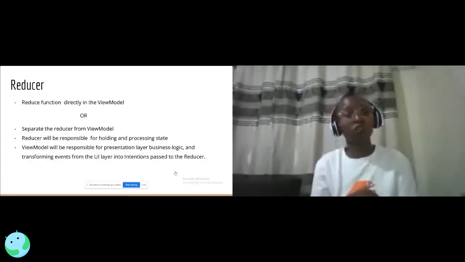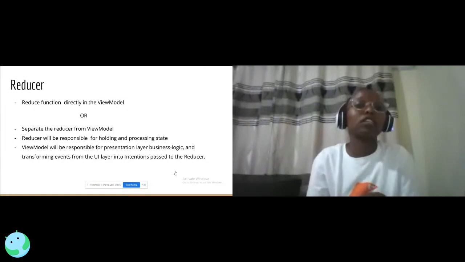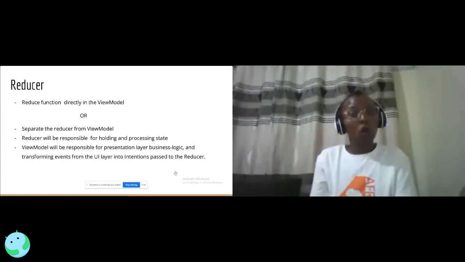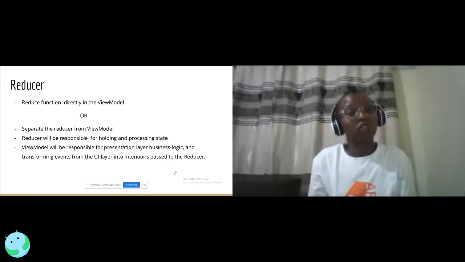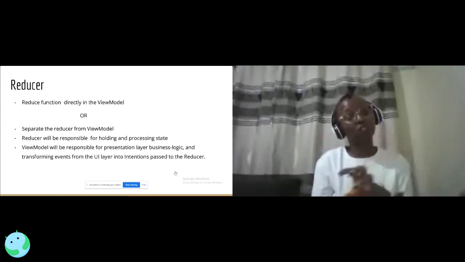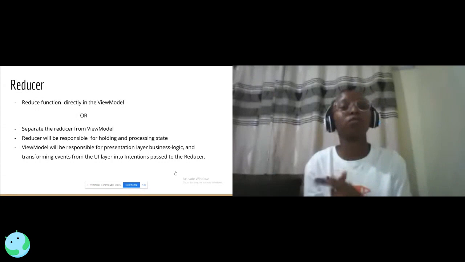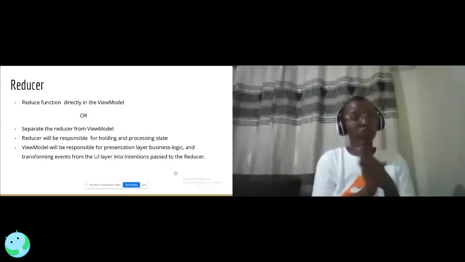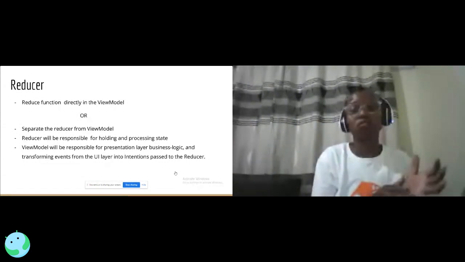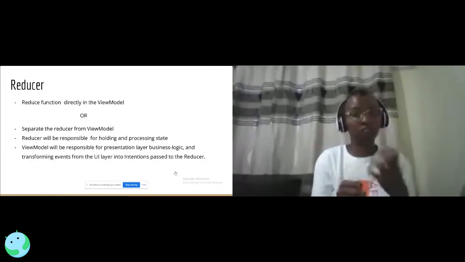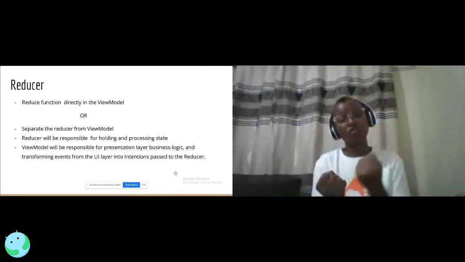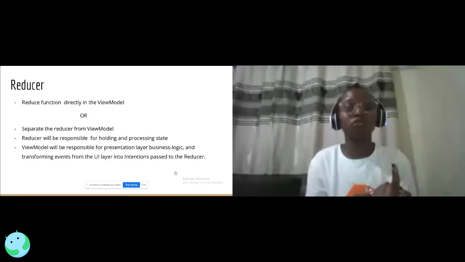You can create a reduce function directly in the model, or a separate reducer interface separate from the model, so that the reducer is now responsible for holding state or even processing state, taking those actions and creating the new state.